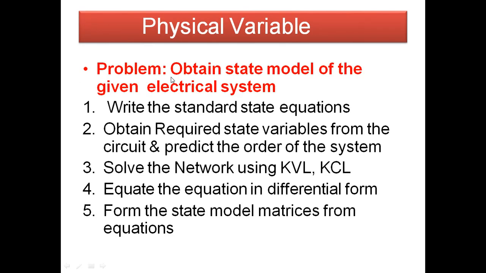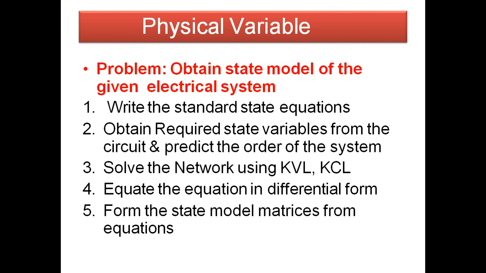In order to obtain a physical variable form, first we need to write a standard state equation. We call it a physical variable when we are given an electrical system and need to obtain a state model from it, so we need to use variables for that.